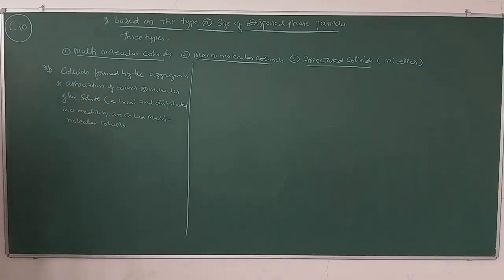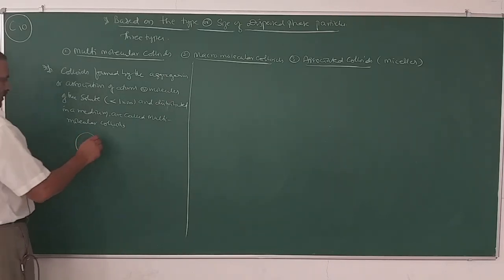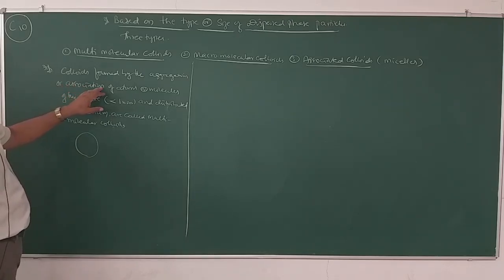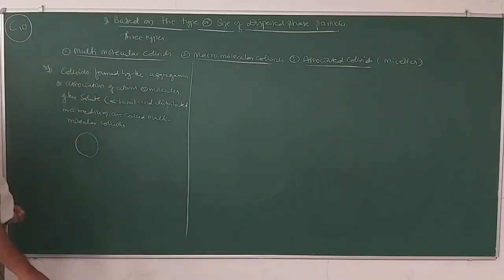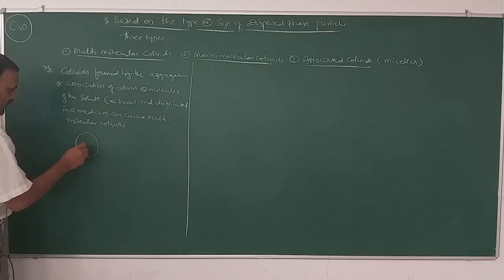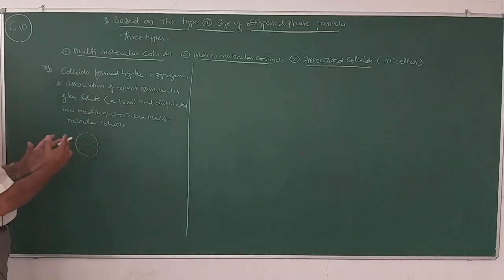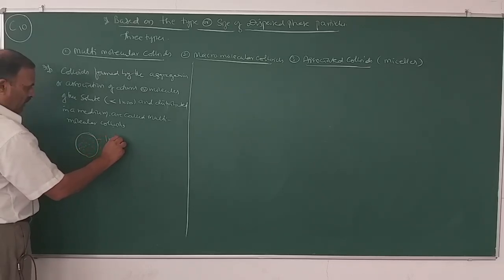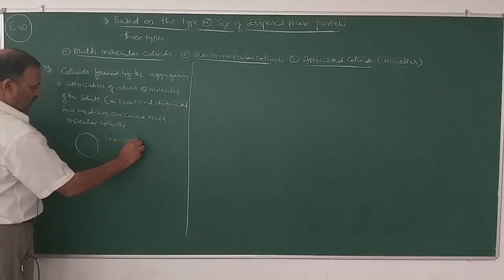Multimolecular colloids. So these are the colloids formed by the aggregation or association of atoms or molecules of the solute. Atoms or molecules are very small, their size is less than 1 nanometer. These atoms or molecules associate or aggregate and form a particle of size in between 1 nanometer and 1000 nanometer.